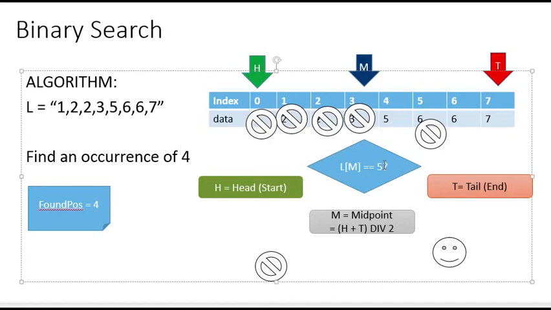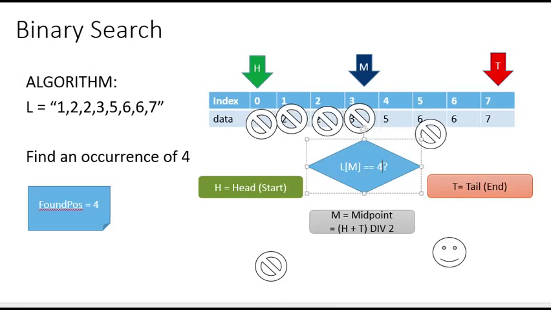So my test is now going to become, is the value at position M equal to 4? So my first hit would be exactly the same place, and 3 is less than 4, and therefore the head would be moved on to look at the next position. So the head and the tail would be as it was before.